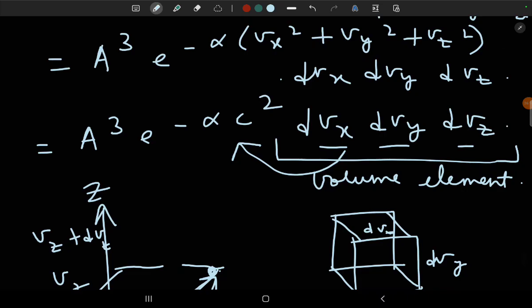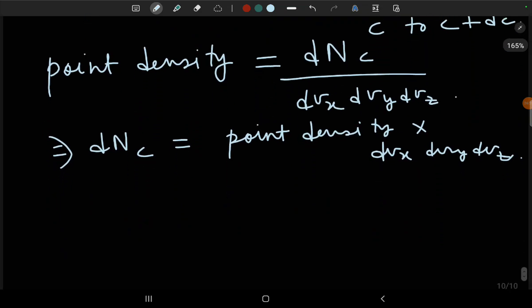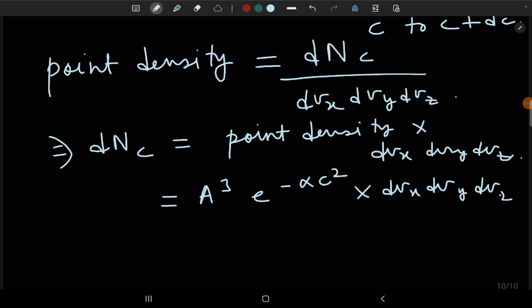This is actually a density, the point density in this case. The point density was A cubed e to the power minus alpha c squared, into dvx, dvy, dvz.